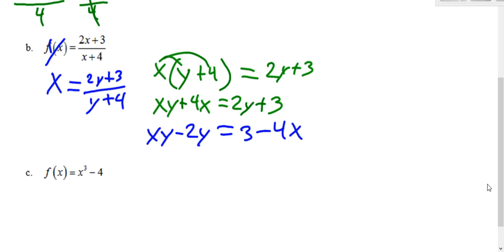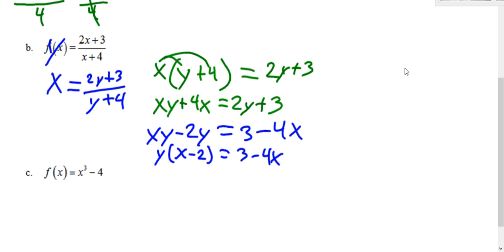Now, since they both have a y on the left, we're going to factor it out. And get y by itself by dividing by x minus 2.